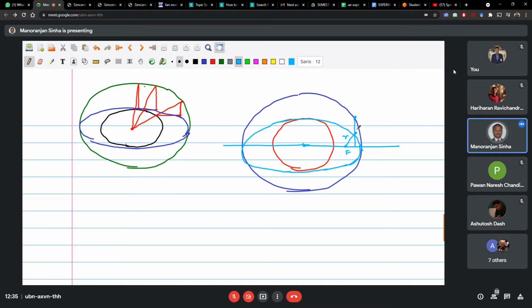And let us say this quantity is P. This is M. So this quantity from here to here and this quantity, they are in a particular ratio.